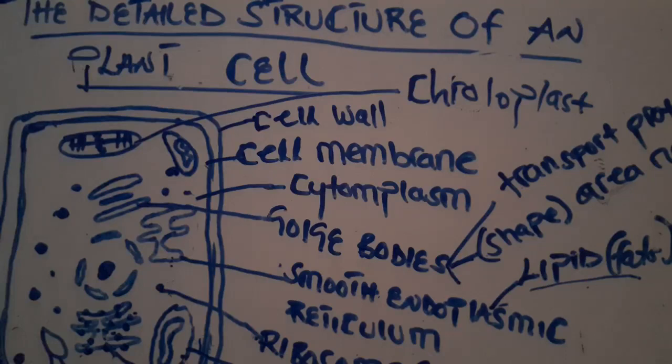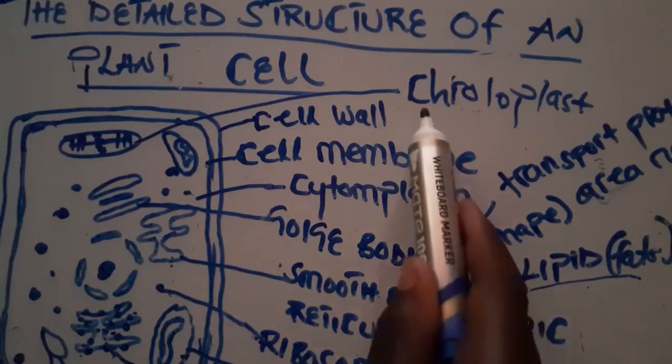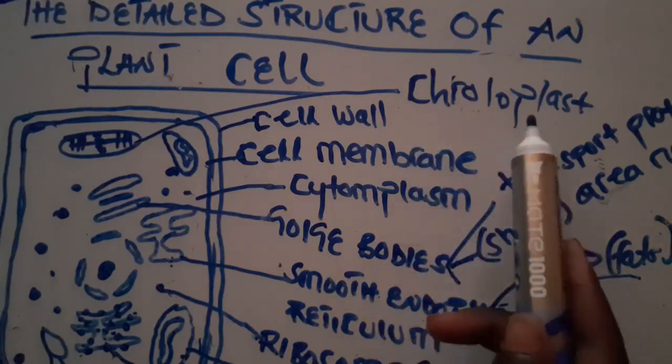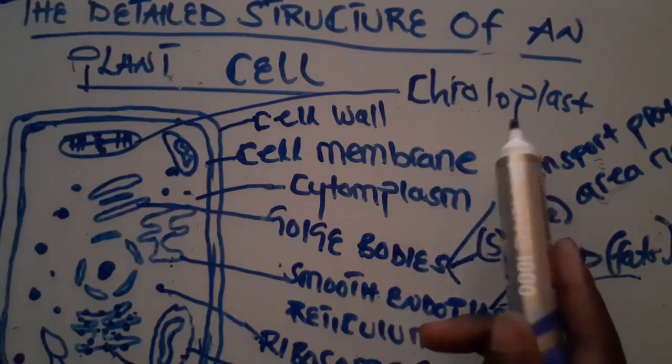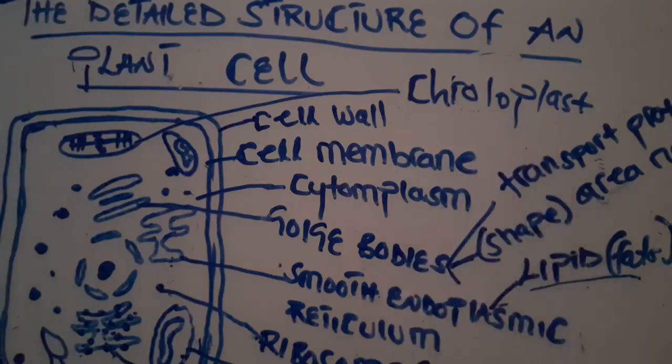A plant cell. So we are talking about a plant cell. Inside a chloroplast contains what is called chlorophyll.